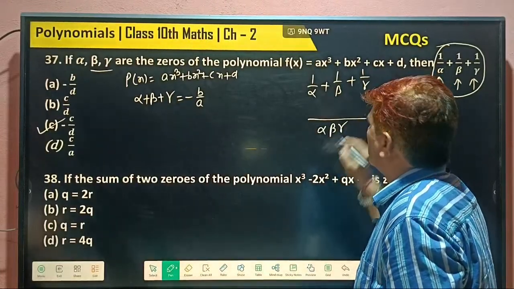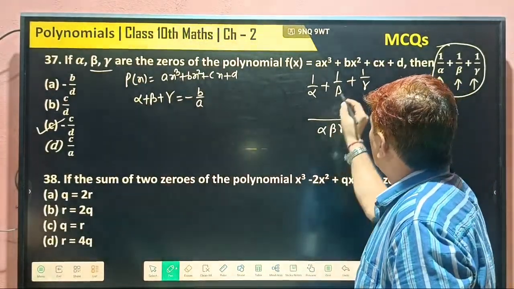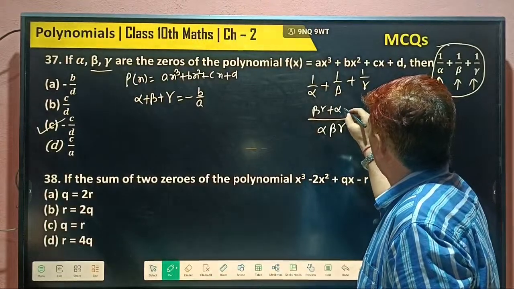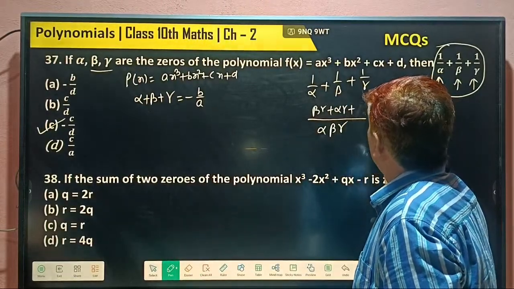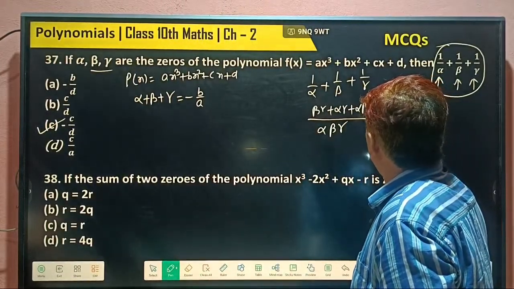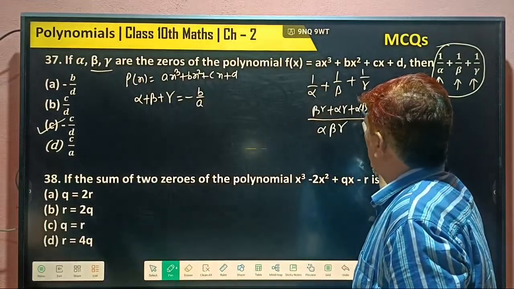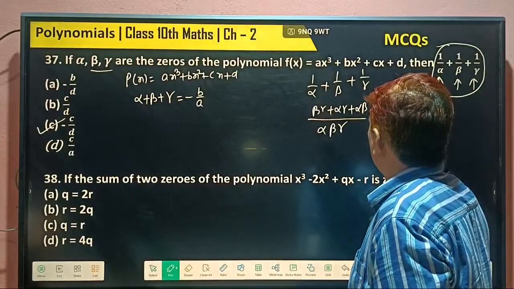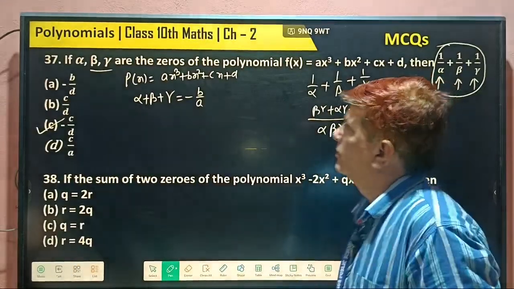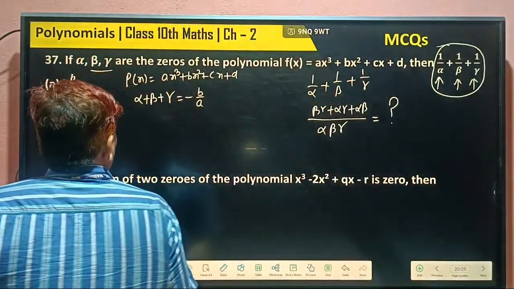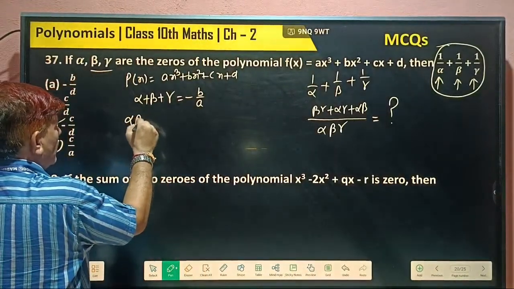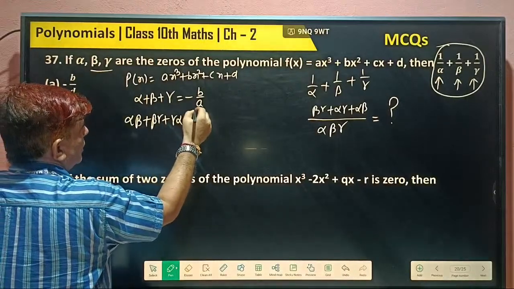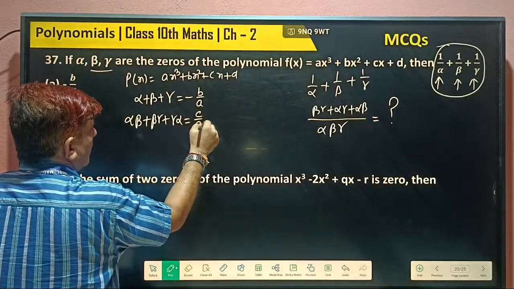Alpha, beta, gamma. What's coming here? Beta, gamma. Here alpha, gamma, plus here alpha, beta. Alpha beta plus beta gamma plus gamma alpha is equal to c by a.